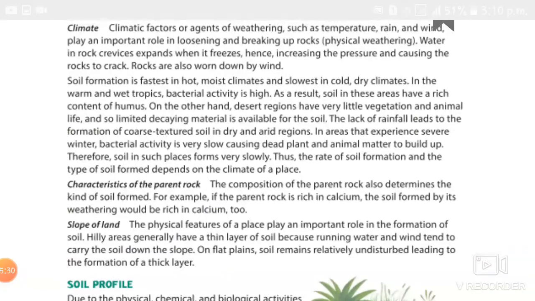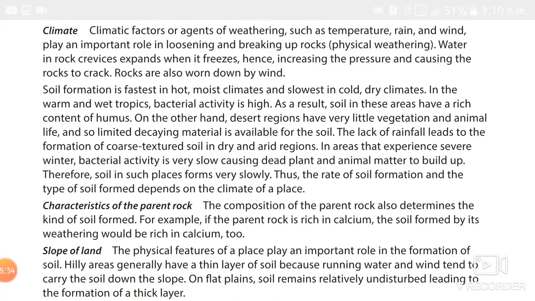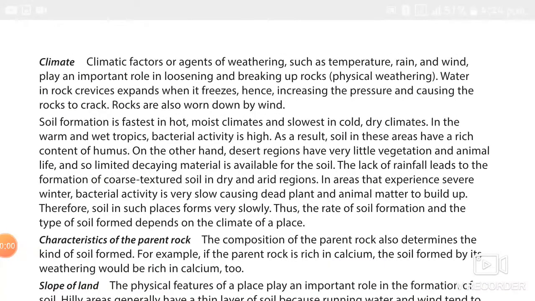In the last lesson we studied climate and adaptation, correct? Climate affects soil formation. Last lesson we studied how climate affects the adaptation of animals. Here, in physical weathering, climate plays an important role in loosening and breaking of rocks, right?